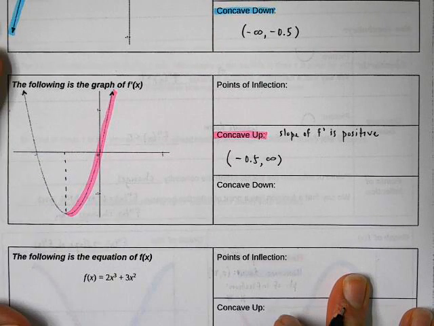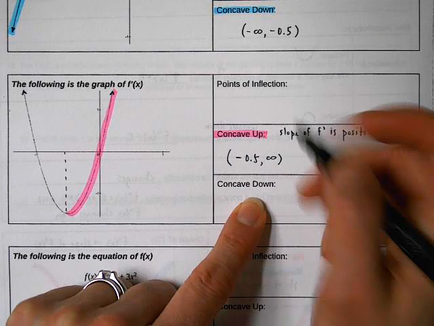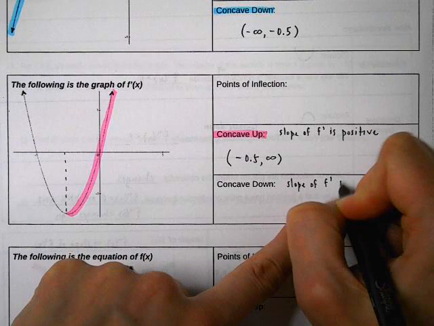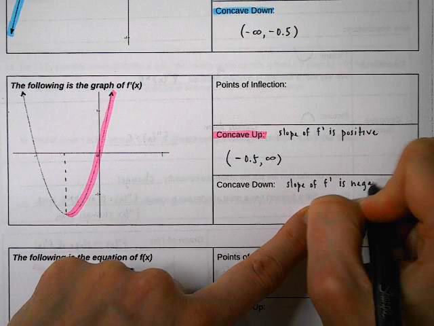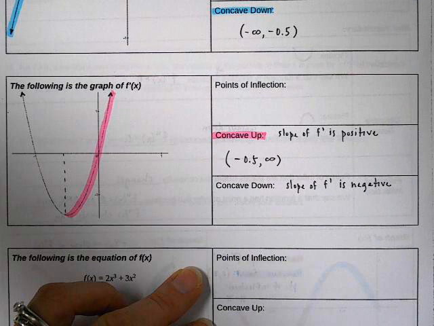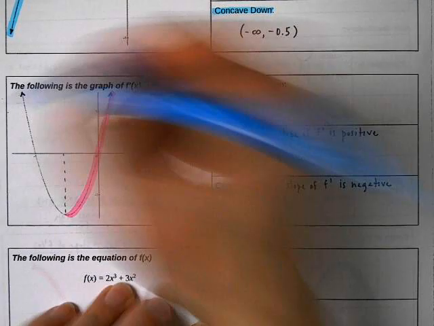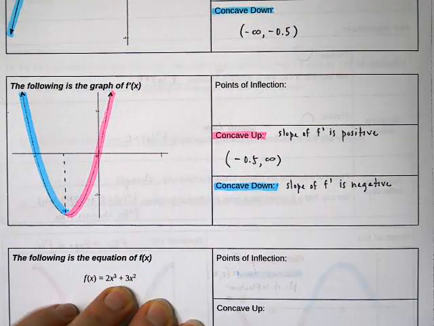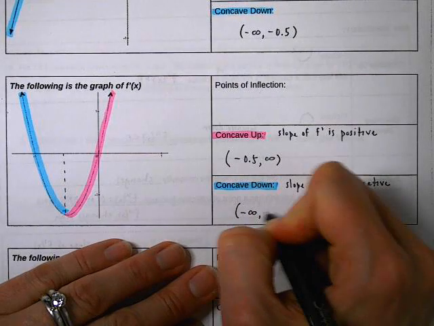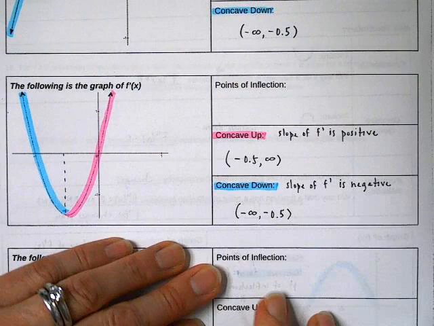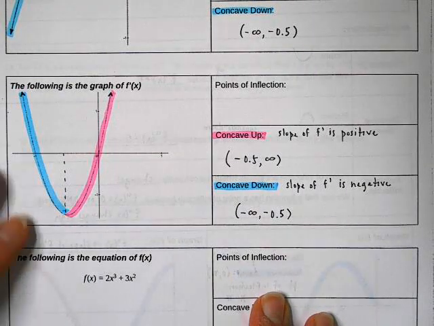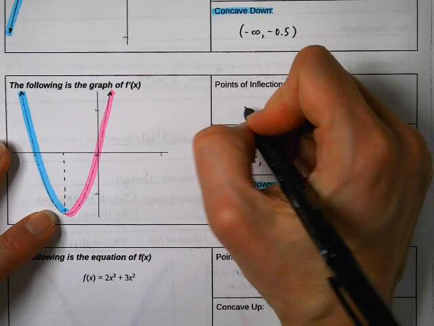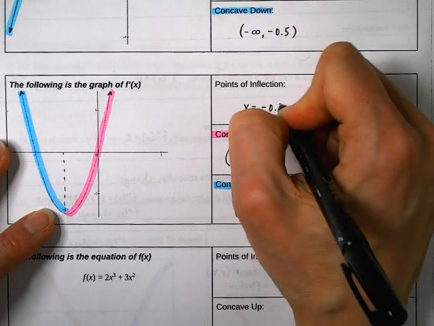For concave down, I'm looking for my second derivative less than 0, so that's going to be where the slope of f prime is negative. And we can see pretty clearly from here that that's going to happen over this interval. So for concave down, we're going to be from negative infinity to negative 0.5. And again, where concavity changed here, my slope changed from negative to positive, we're going to have a point of inflection at that point.